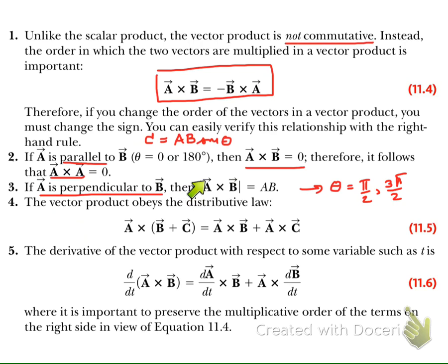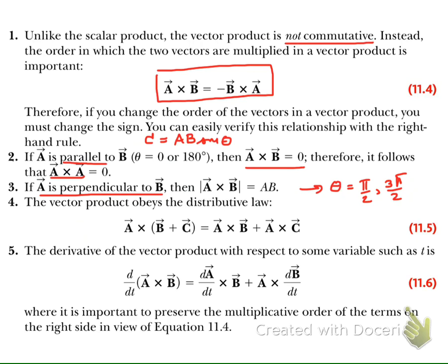But if we talk about the magnitude, we will put the positive value only. So if A is perpendicular to B, okay, we can say that the magnitude of A cross B is equal to AB, because the sine theta equals 1. Okay.